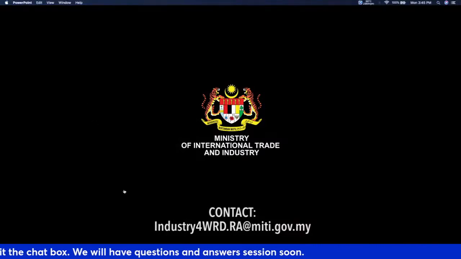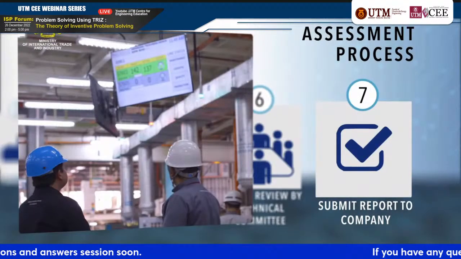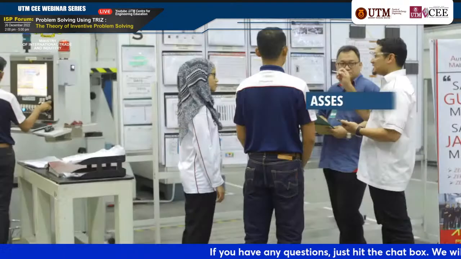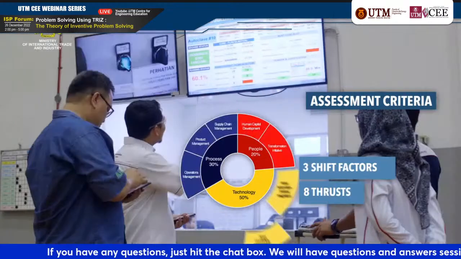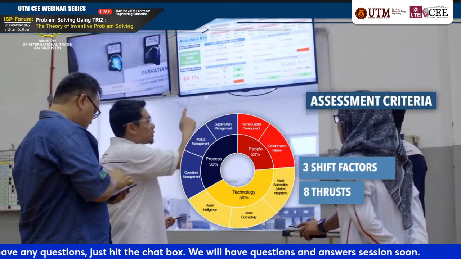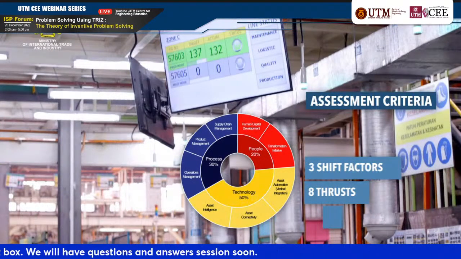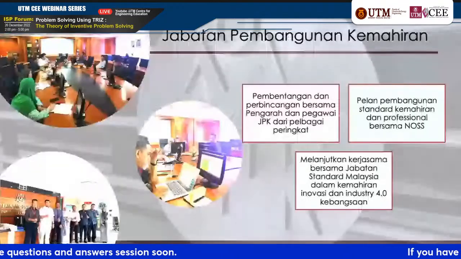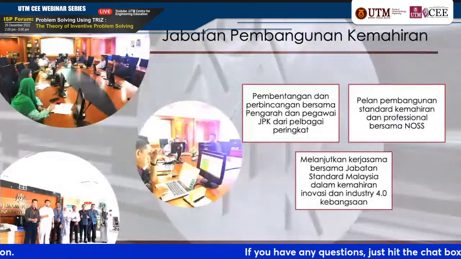So yeah, you can see me in here, I think. Yeah, that's me. We actually helped CTRM to improve their Industry 4.0. So that is our achievement by adopting TRIZ. There are a lot of things that we have done.